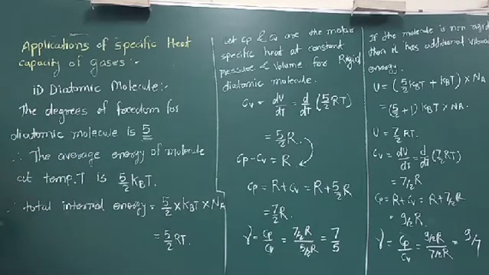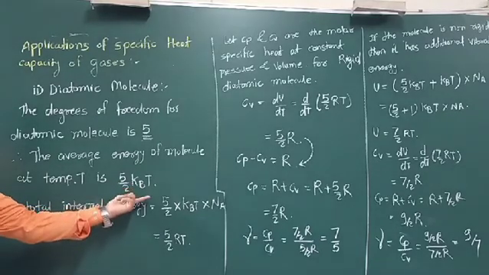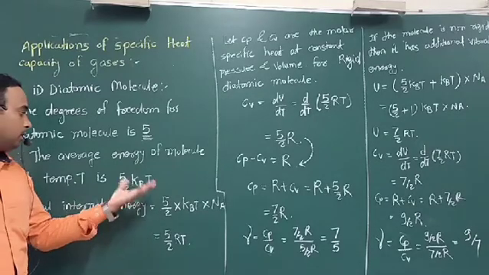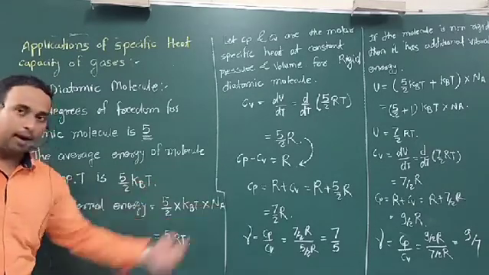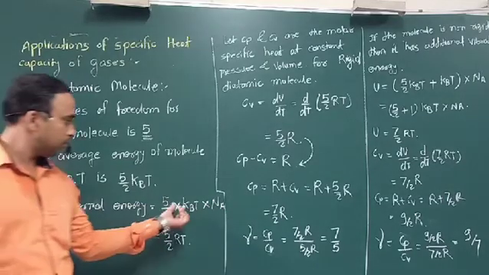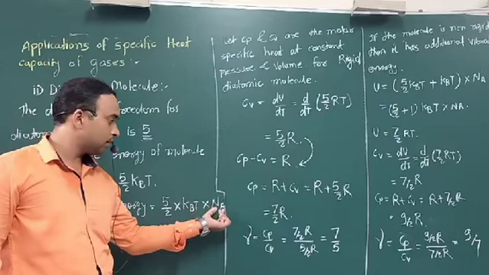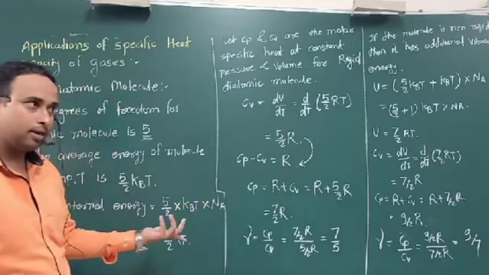How to find the ratio? Now see here, for a diatomic molecule degrees of freedom is 5. The average energy of a molecule is 5 by 2 kBT. So total internal energy is equal to average energy multiplied by Avogadro's number. We know the relation between Boltzmann constant, Avogadro's number, and universal gas constant.